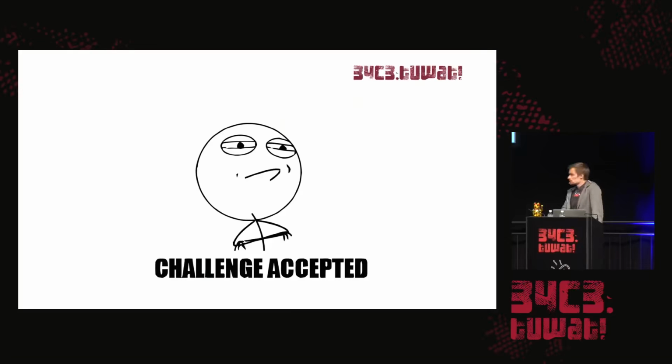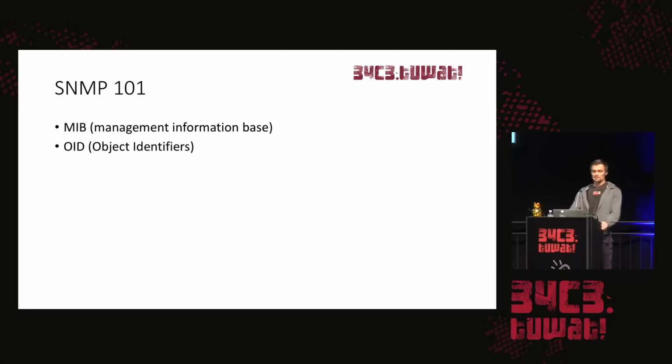Since we're going to be exploiting the SNMP protocol, let's make a quick recap of how it works. Just a light touch. SNMP comes with several abbreviations like MIB, which stands for Management Information Base, and is a collection of objects that can be monitored from the SNMP manager.